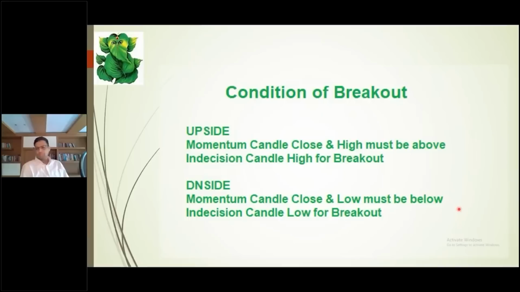In the upside case, momentum candle close and high. Now I'm saying close and high, I mean both must be above indecision candle high for breakout. Just know this much. In my next slides, I will explain what it means.